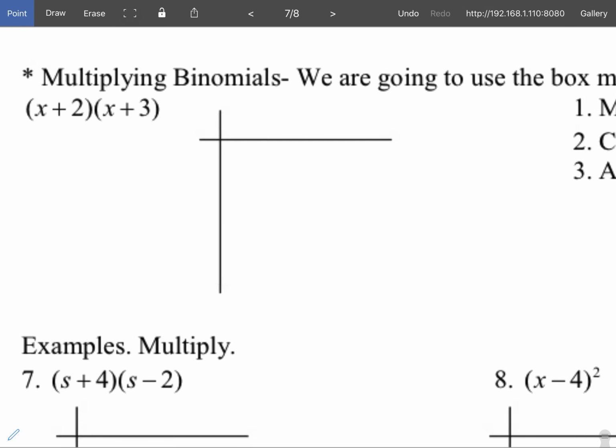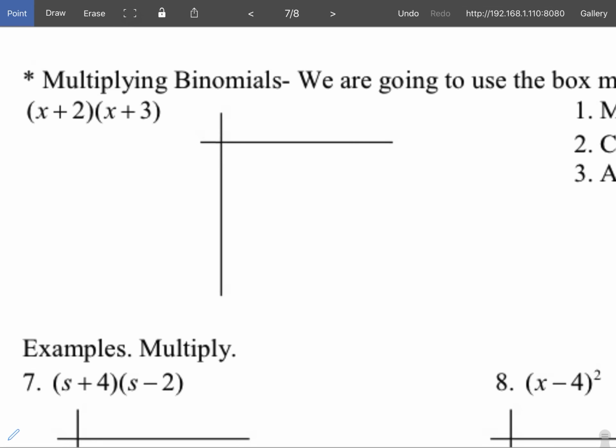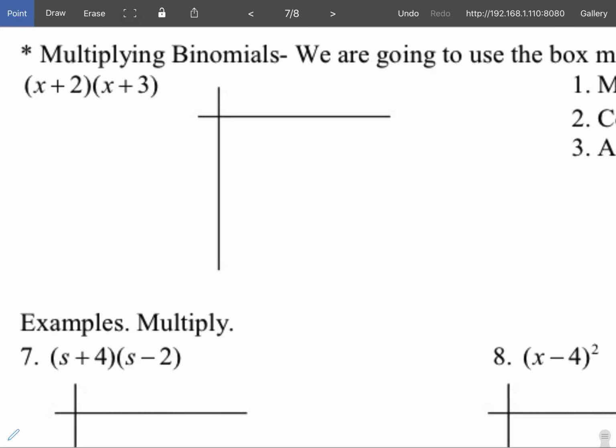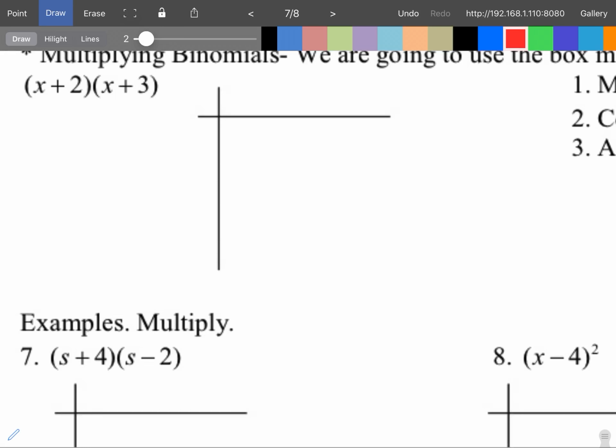To do FOIL, all you do is do the distributive property twice. So what you're going to do is multiply this x times both of these terms, and then multiply that positive 2 times both of these terms.